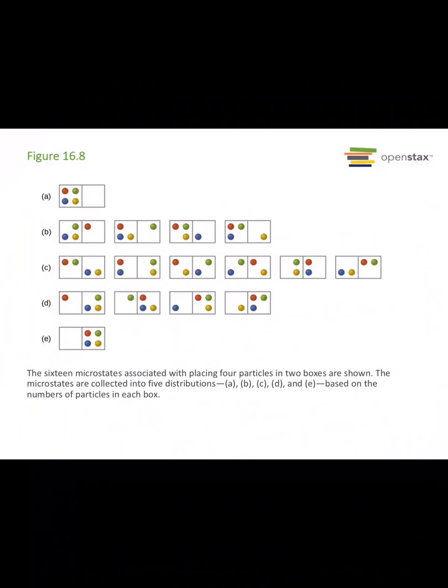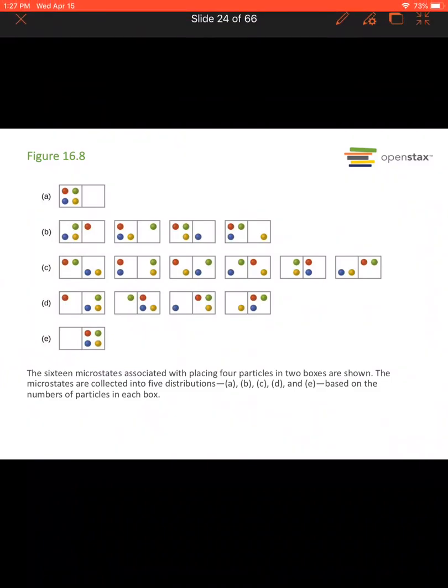The second way we can have those particles is putting all of them in box B, like this. Another way that we can arrange the particles is to have three of them in one box, and one in the other, or vice versa, having one in the first box and three in the other.